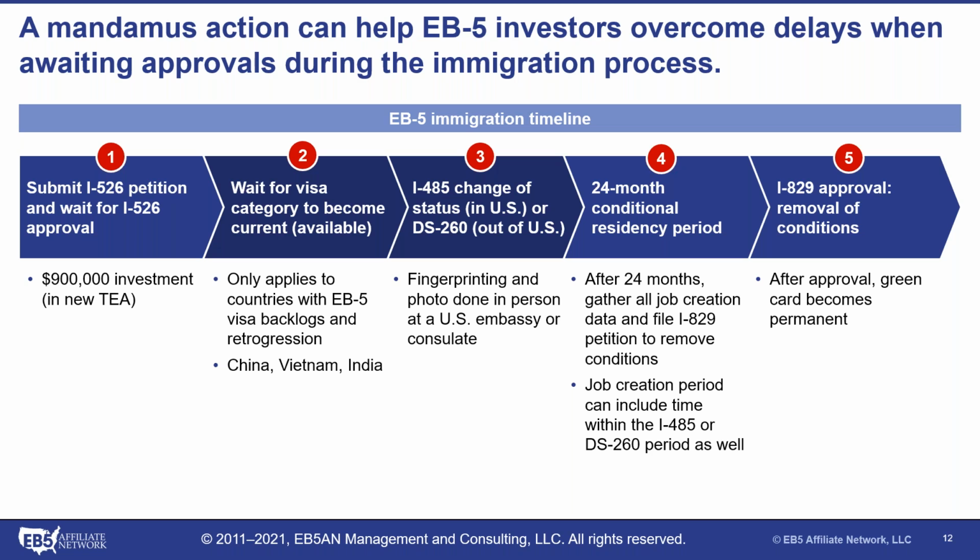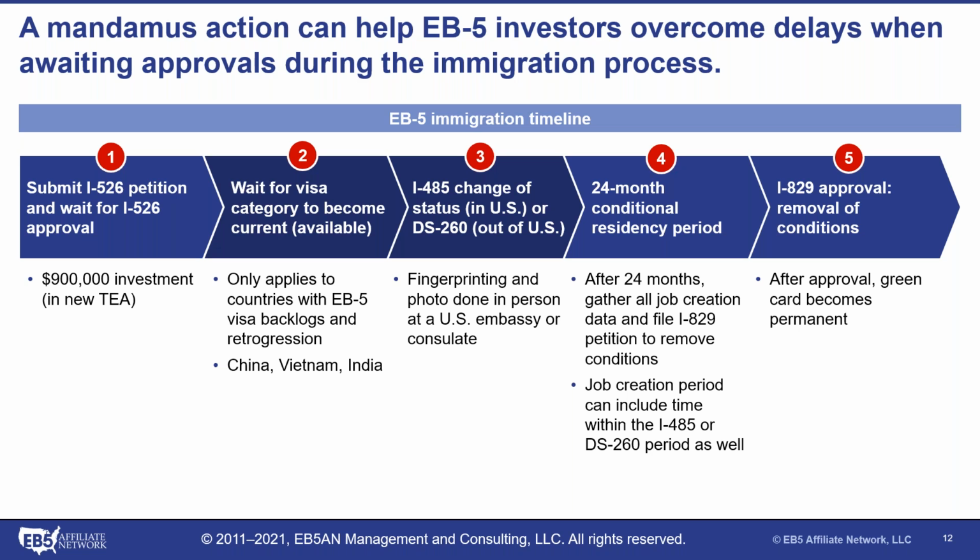Sure, happy to. So what we have done and what others in the industry are doing is we will file complaints on behalf of petitioners whose petitions have been pending longer than the estimated average or range published by USCIS.